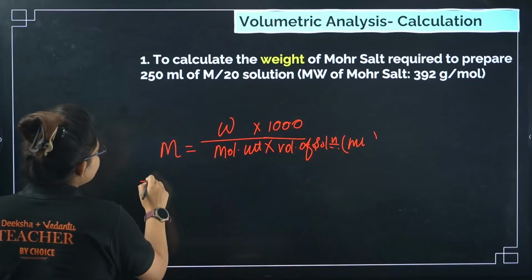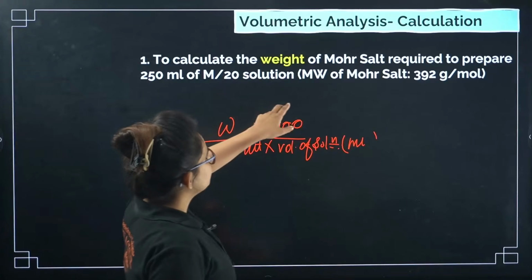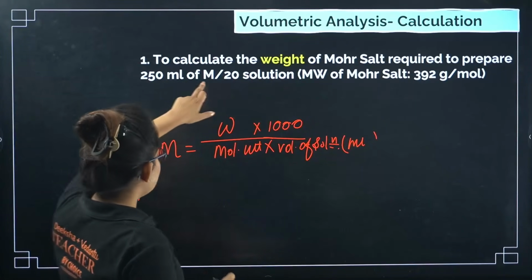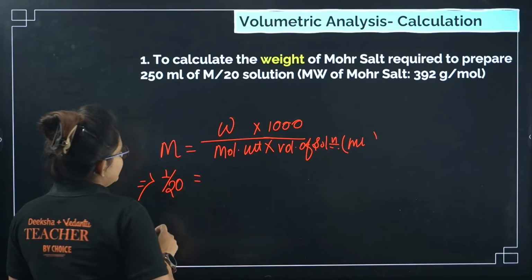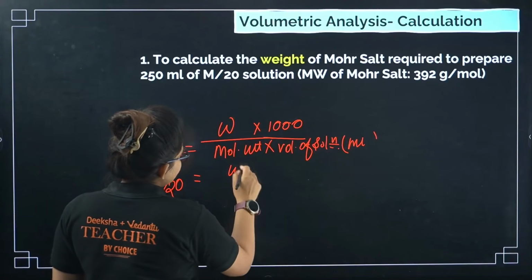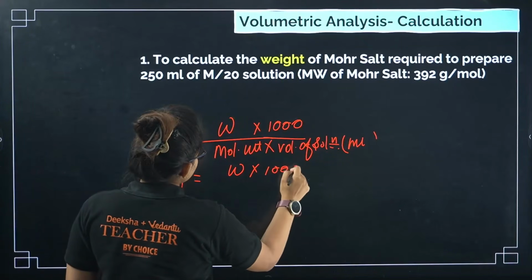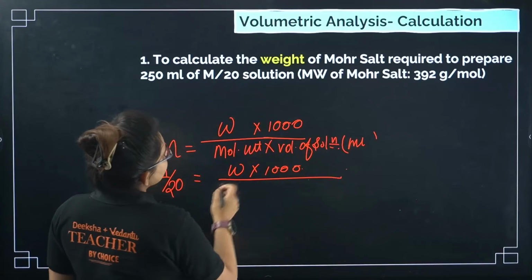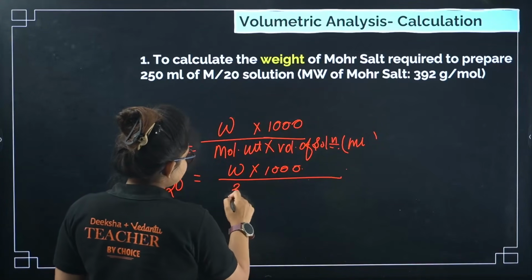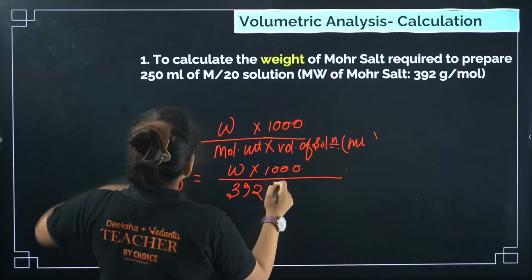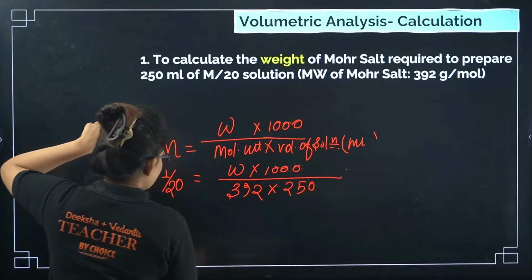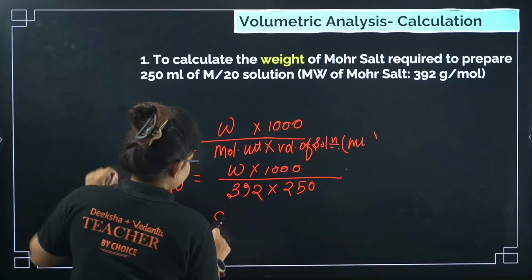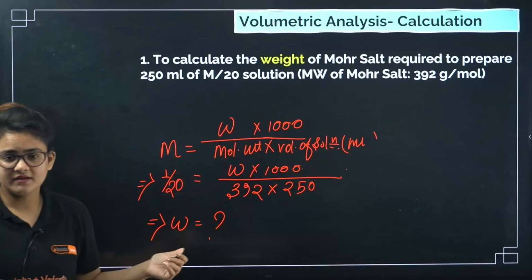So put the value here. Whatever molarity they give, M by 20 means basically 1 by 20. Weight you have to calculate, into 1000, divided by the molecular weight of Mohr's salt, which is given as 392, into volume of the solution, 250. Right, so now from here you can calculate W.